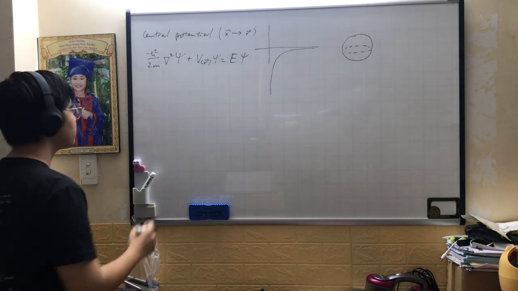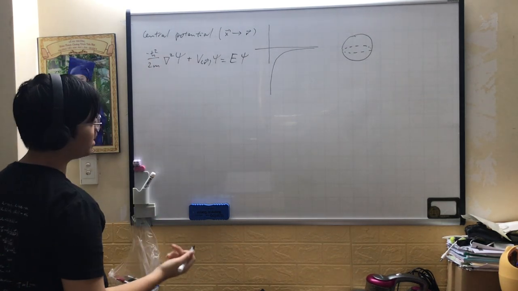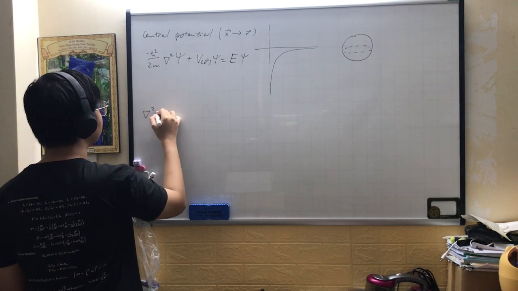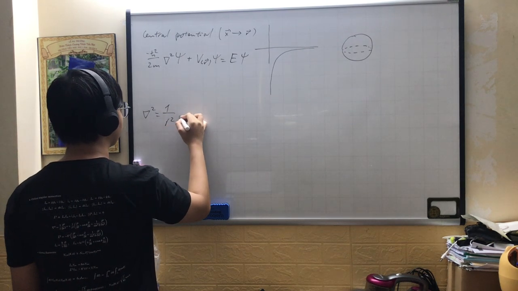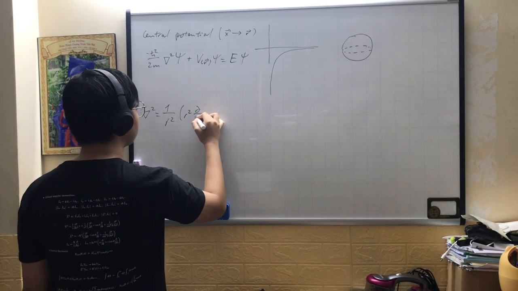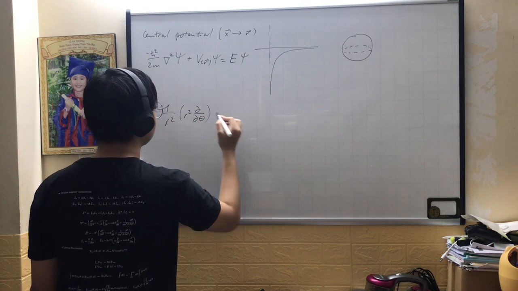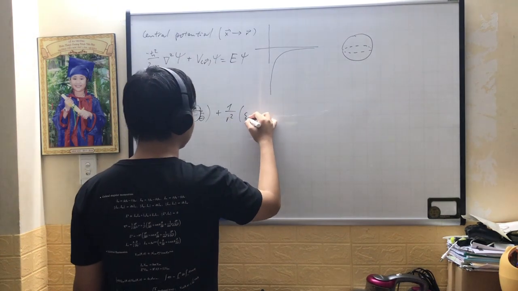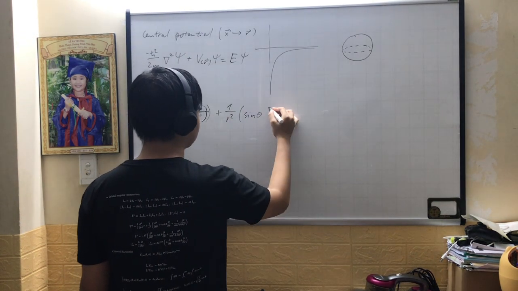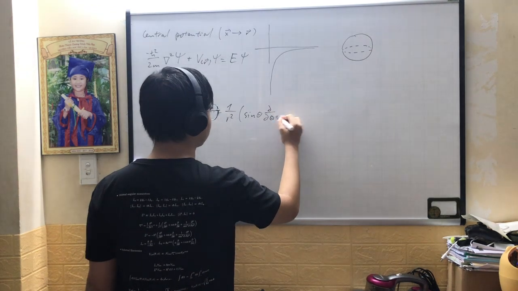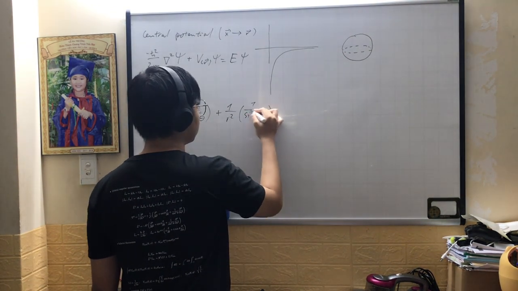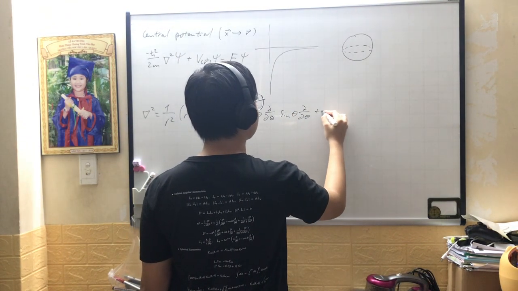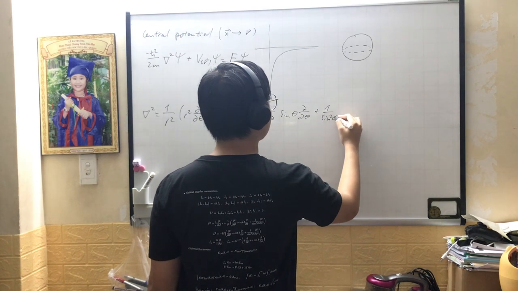Okay, and let's address our Laplacian here in the spherical space. Our Laplacian is equal to 1 over r squared, d theta. Okay, I don't know if I'm going to be able to write this correctly, but I will try. 1 over sine d theta plus 1 over sine squared.